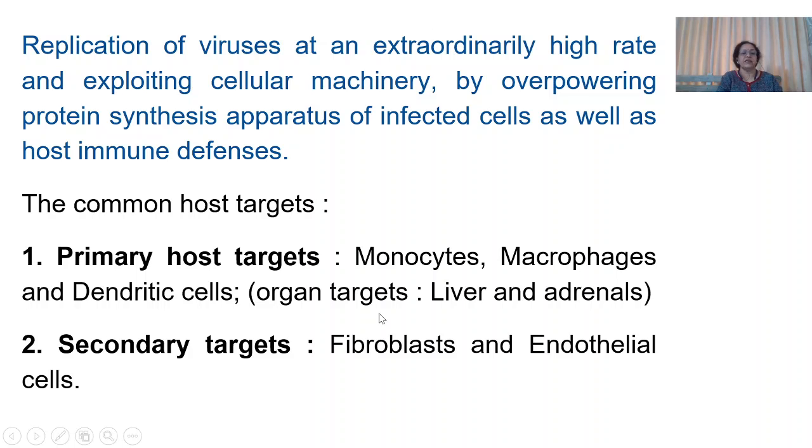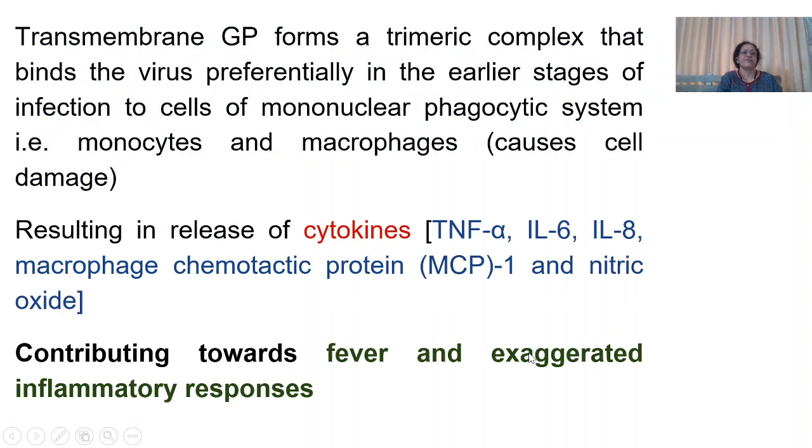Secondary targets are fibroblasts and endothelial cells. Here, transmembrane glycoproteins form a trimeric complex that binds the virus preferentially in the earlier stages of infection to cells of the mononuclear phagocytic system, that is monocytes and macrophages, and this causes cell damage.